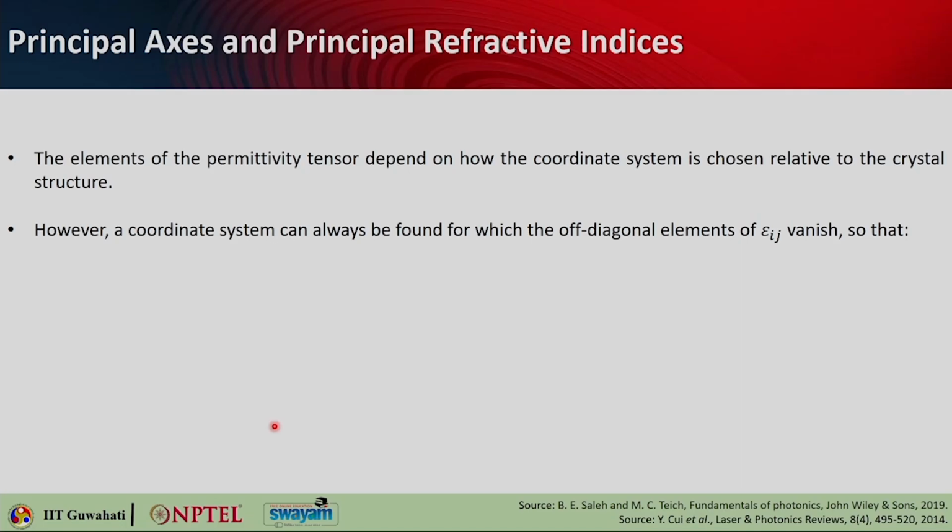off-diagonal elements of epsilon_ij will vanish, so that you will be able to write D1 equals epsilon 1 E1, D2 equals epsilon 2 E2 and D3 equals epsilon 3 E3, where epsilon 1, epsilon 2 and epsilon 3 are the diagonal coefficients, and all off-diagonal elements are 0.